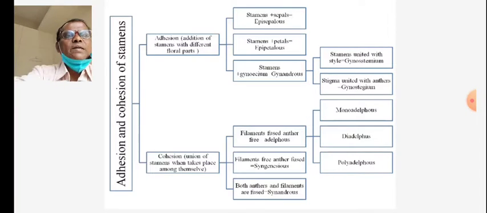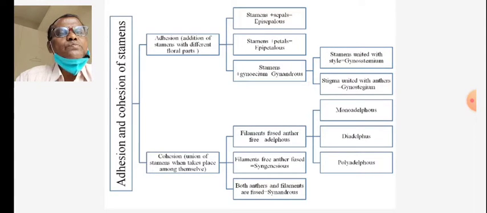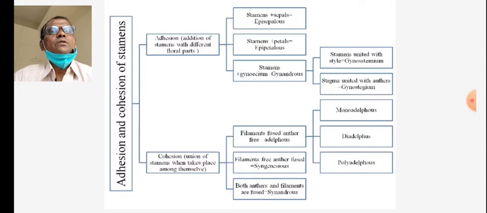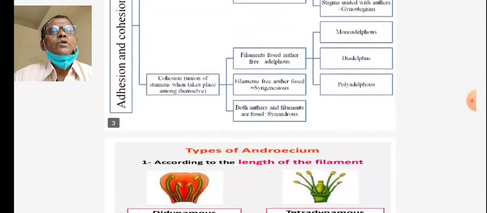Then secondly, filaments free and anthers fused is called syngenesious. Filaments are free and anthers are fused: syngenesious. You remember the proper word. Third, when the anthers and filaments both are fused, it is called the synandrous condition. So in cohesion, you have to remember this important chart for our study.